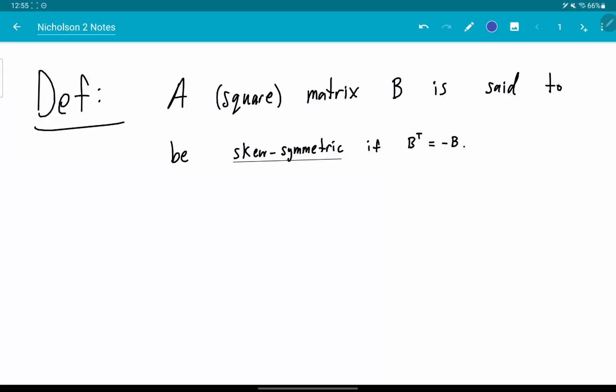Skew-symmetric matrices. So let's do an example looking at 2 by 2s.